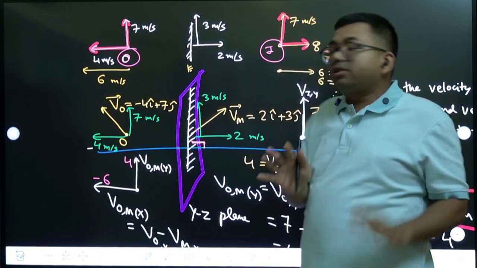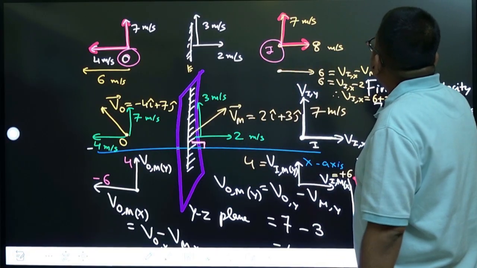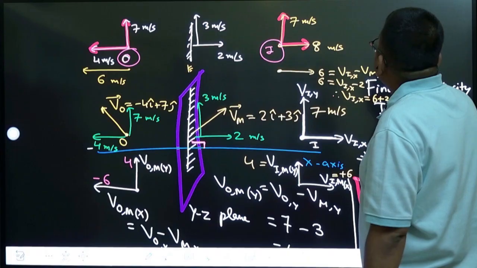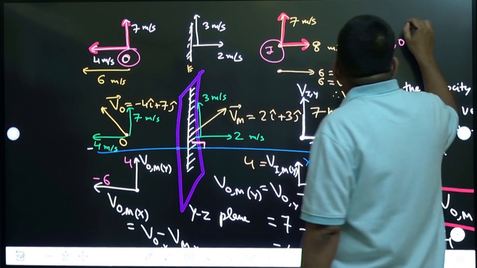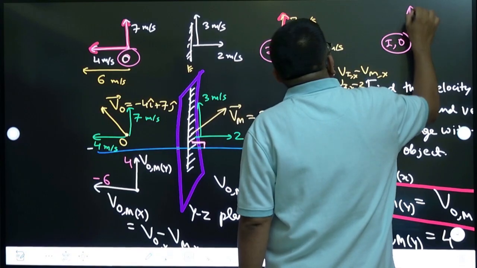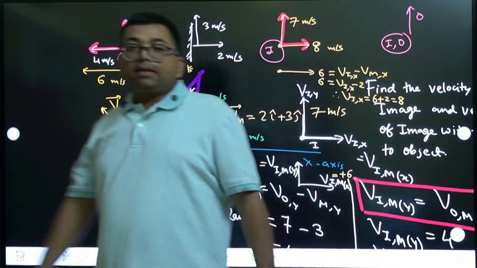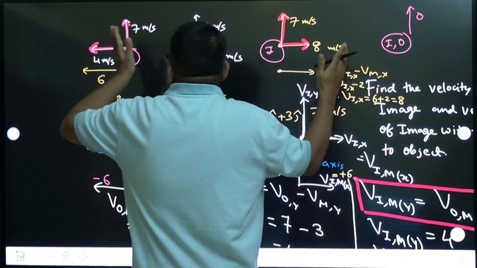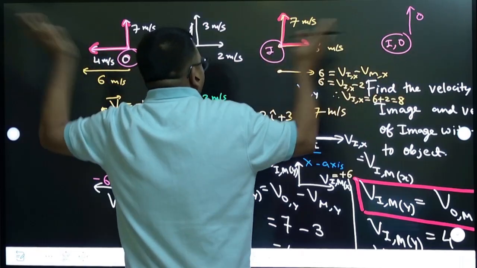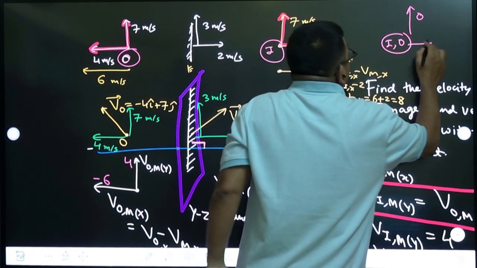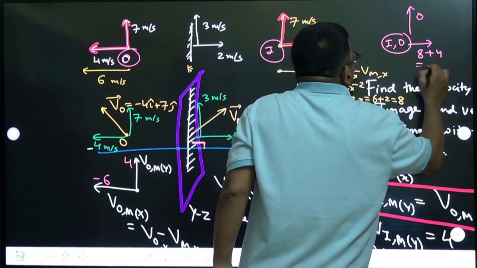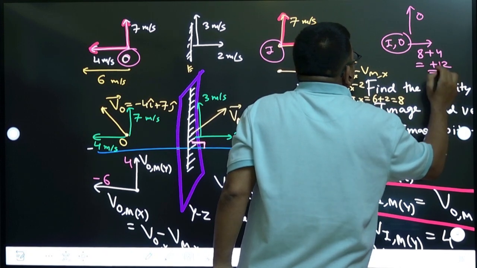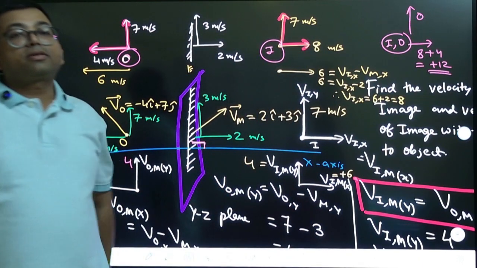Subtract 7 minus 7, 0. So along the y-axis, image with respect to object is 0. But now you see, this is 8 and that is 4. 8 plus 4 is 12. That's what we got, plus 12.